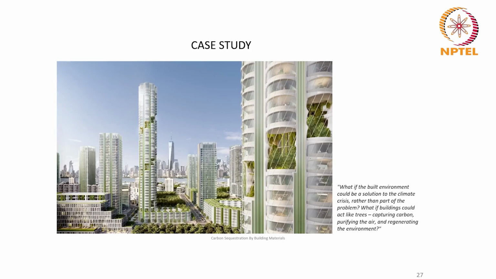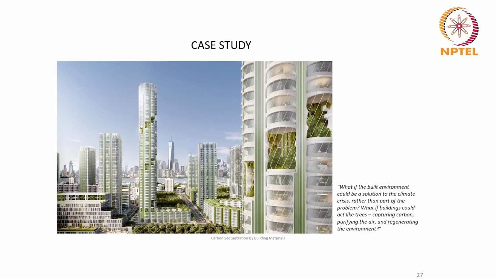Just a small brief case study. The use of straw in construction, particularly in the form of straw bales, makes it a very sustainable material. But what if the built material could be a solution to the climate crisis rather than part of the problem?